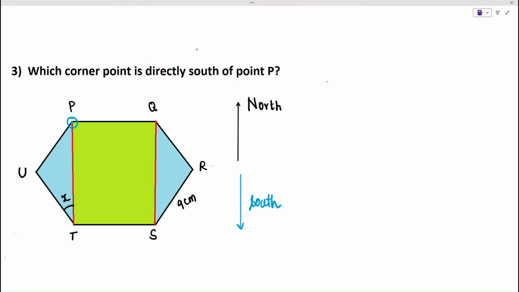And so directly south of point P, there's only one point, which is point T. So point T is south of point P.